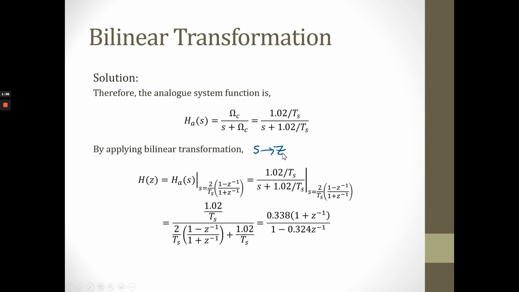So based on the given equation that we have discussed previously, this is the equation of the frequency response in Z domain after we substitute S with this function of Z. Therefore, we have this equation, the frequency response in S domain. So we need to substitute this function with this one. So S is equal to this one.